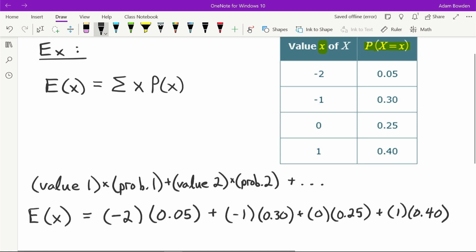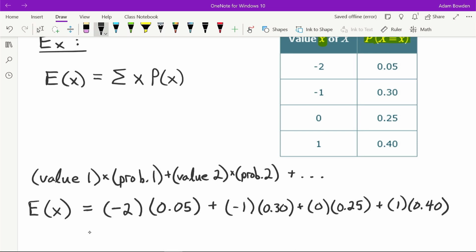And so we could just do that calculation however you'd like to. I'll throw it in the calculator and see what we get. In this case, it actually really just sort of cancels itself out and gives us an expected value of 0.